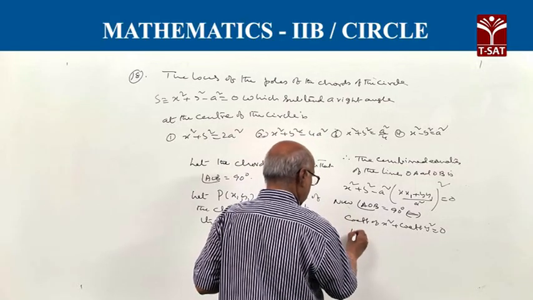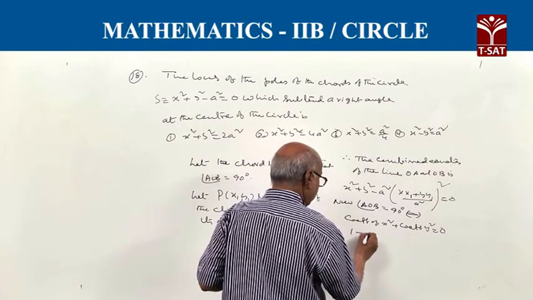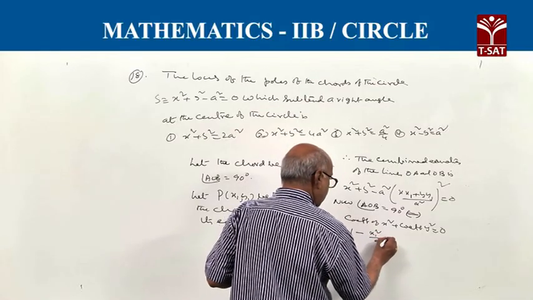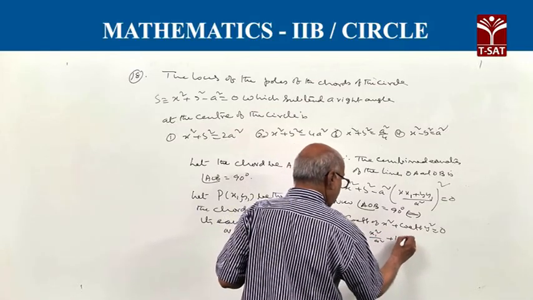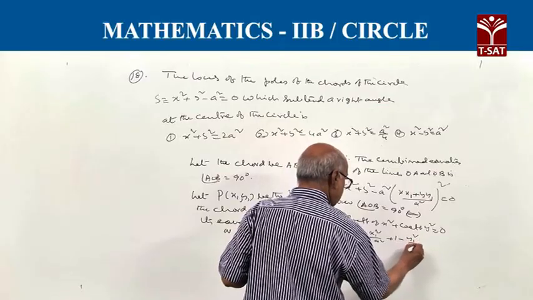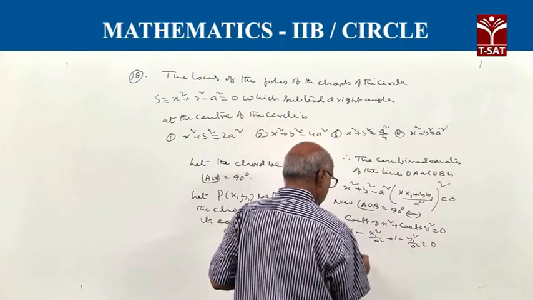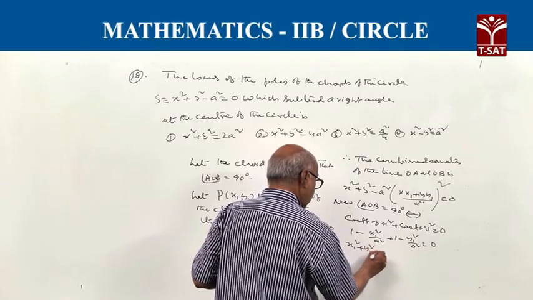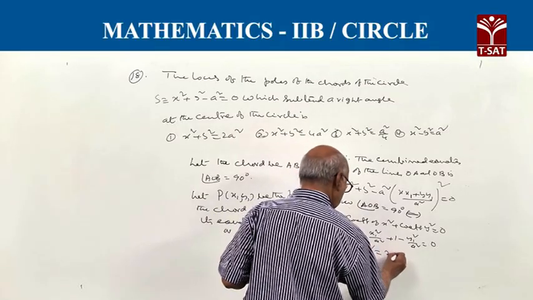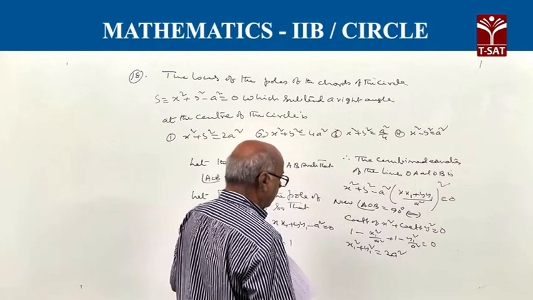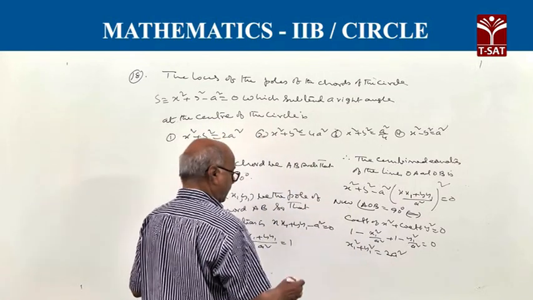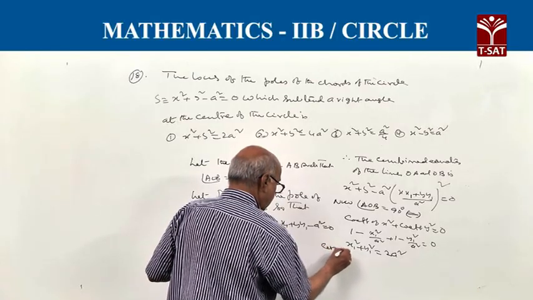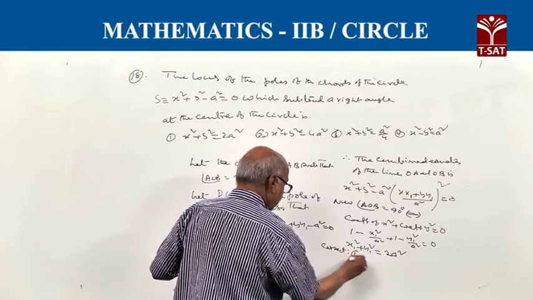That means 1 − x1²/a² + 1 − y1²/a² = 0, or x1² + y1² = 2a². So the correct answer is option number 1.